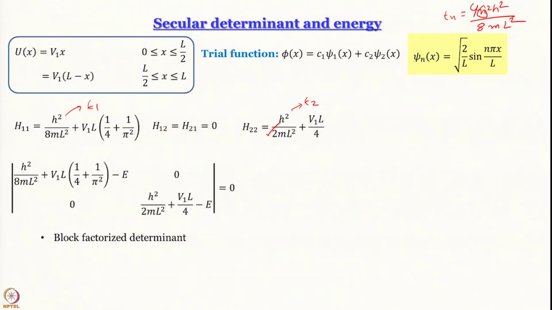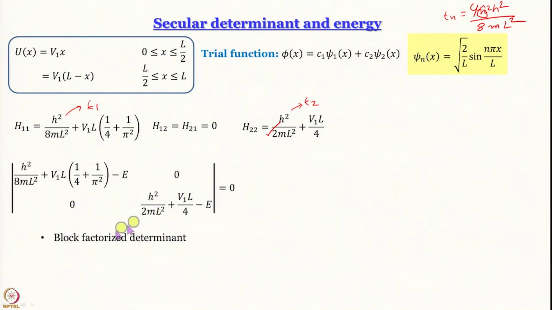So, what happens then is this is H11, this is H22. Ideally you would have to write H11 into H22 is equal to 0, and that is what we get.